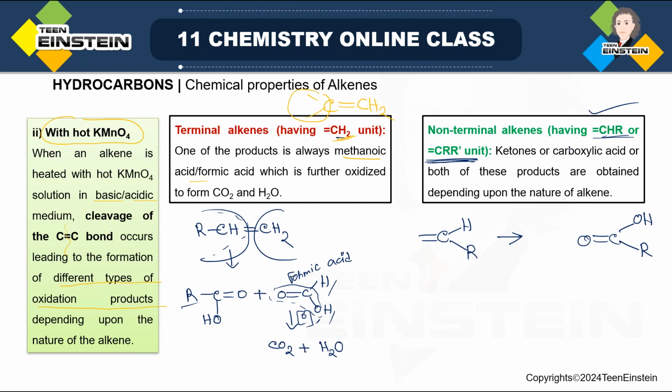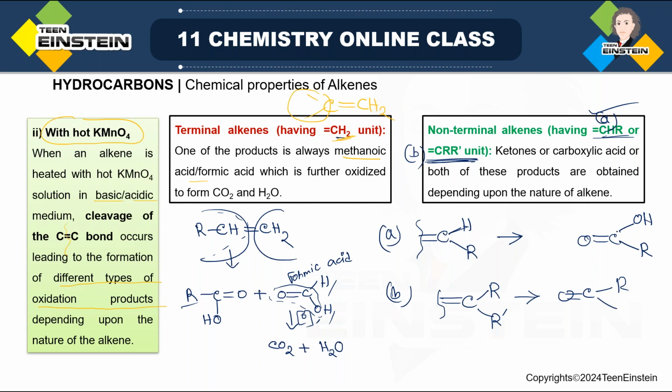And suppose this is type A and this is type B, and there may be anything. Now both are R groups, two different types of R group, or it may be a similar type of R group. Now we will get a ketone, because there is no CH bond, you have a CR bond.